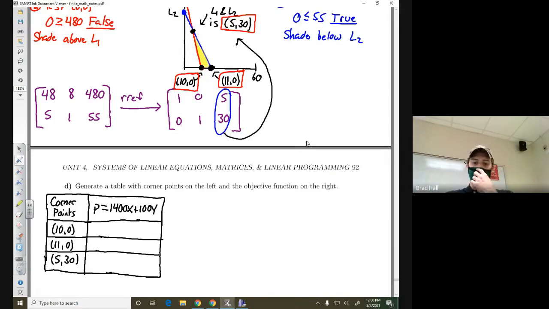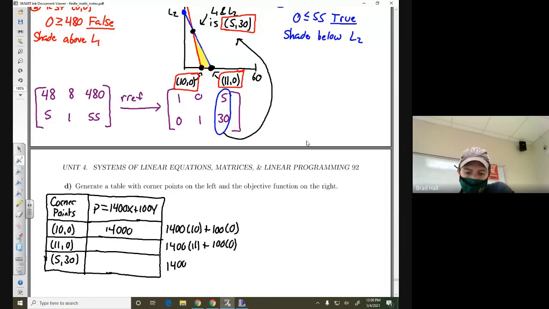And so now we know exactly what to plug everything into. 1400 times 5 plus 100 times 30.